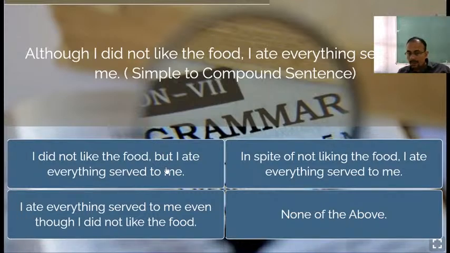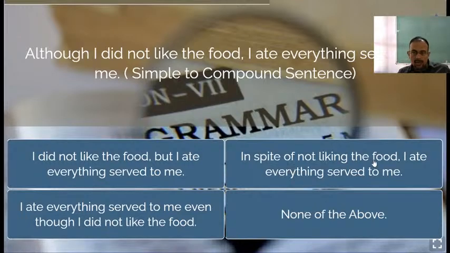Complex sentence connectors are different, compound sentence connectors are different. Connectors are and, but, so, therefore, moreover, however. These are the connectors for a compound sentence. So, dear students, number one appears to be a correct option. Let's study the second option.